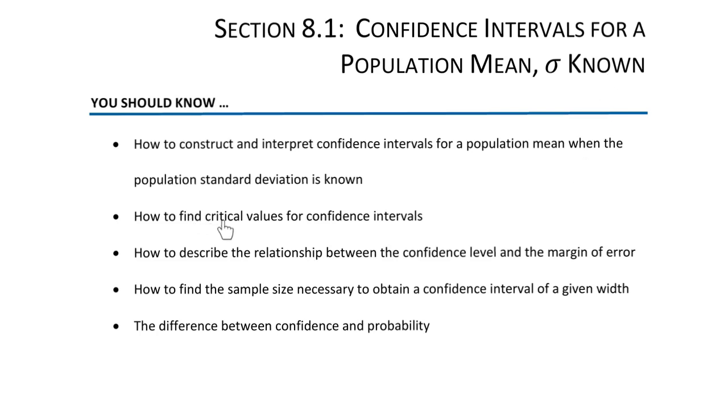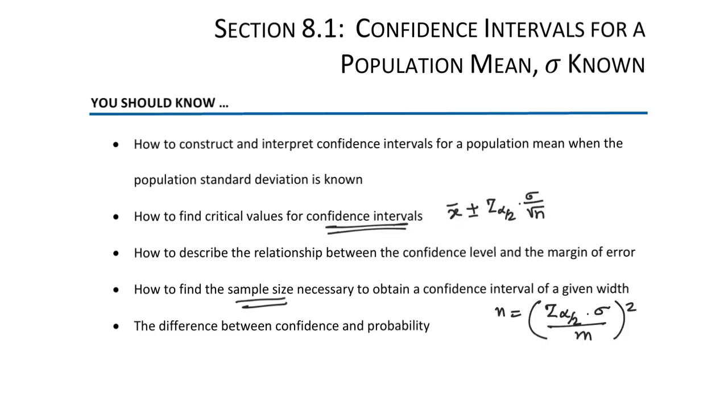Also you learn how to find critical values for confidence intervals using the table and the calculator, how to describe the relationship between the confidence level and the margin of error, how to find the sample size n necessary to find the confidence interval, and the difference between confidence and probability. Also remember the formulas we used to calculate the confidence interval and the sample size.